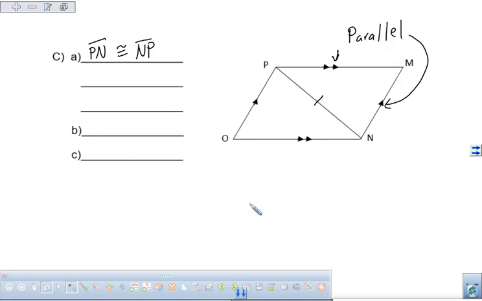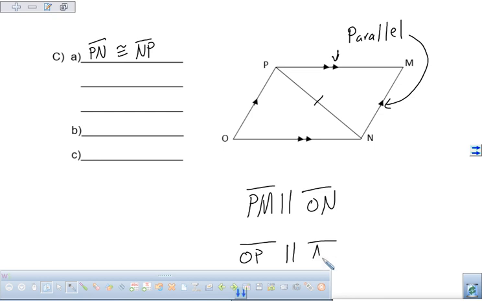So what we actually know here is that segment PM is parallel to segment ON, and that segment OP is parallel to segment NM. This does not mean that those segments are congruent. It means that they are parallel, and it tells me information about angles.